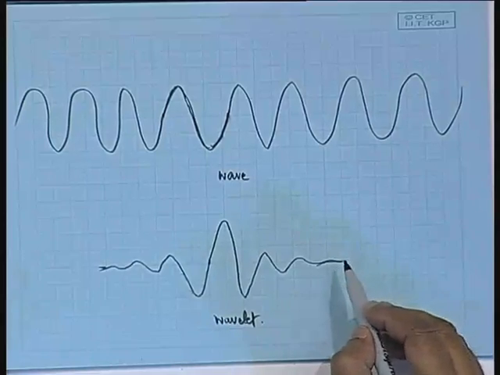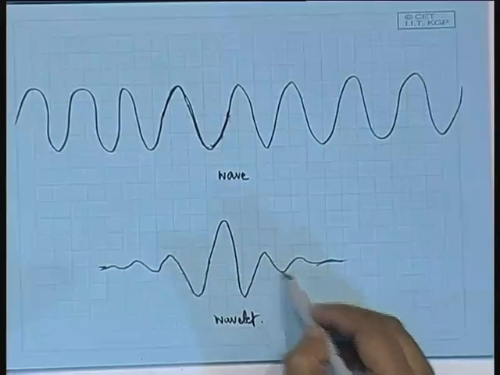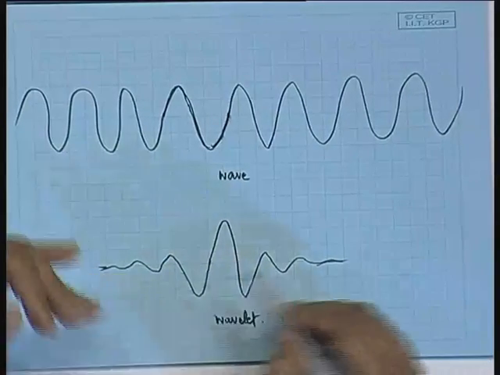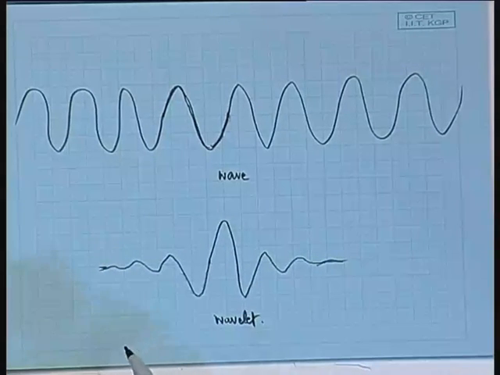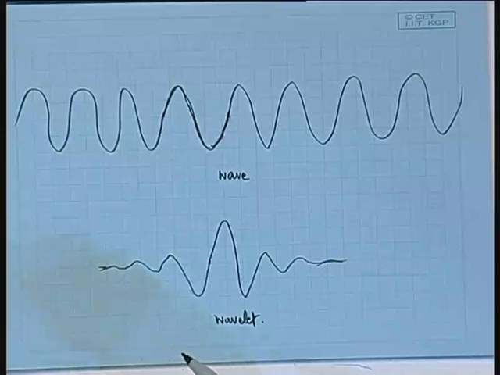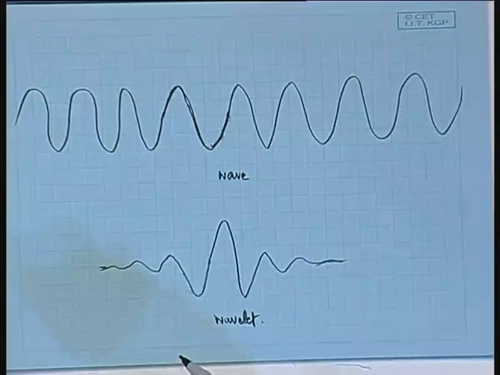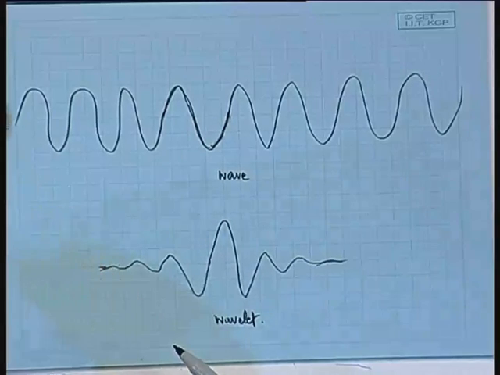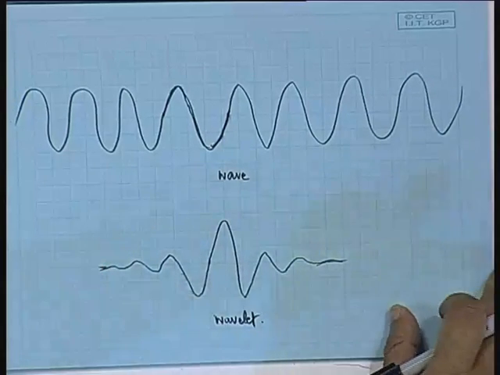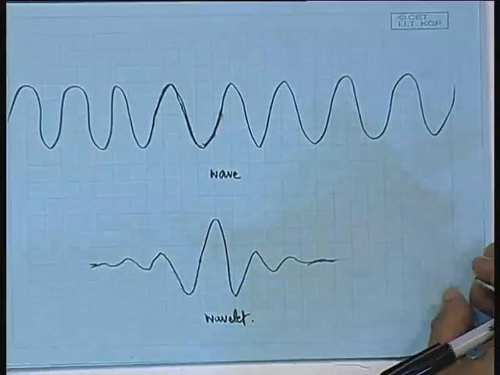So, you see that the oscillations are dying down, while otherwise the responses are oscillatory in nature. So, this is a wavelet. So, instead of using waves, if we use wavelets for our analysis, how does the theory of the wavelet follow? To understand that, let us go to some aspects of mathematics.